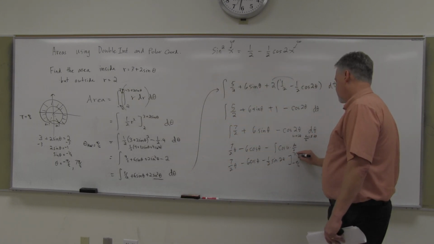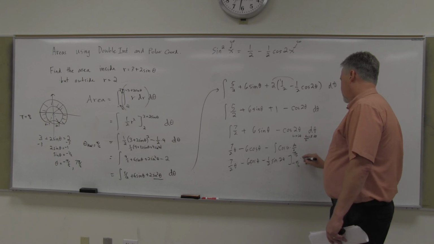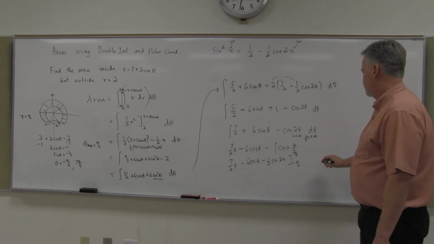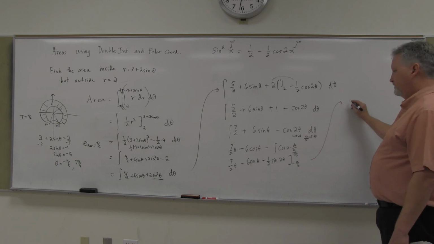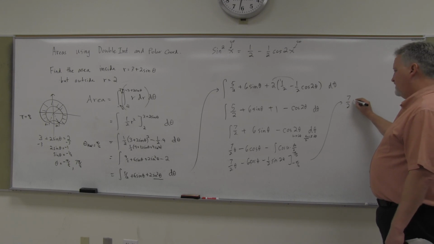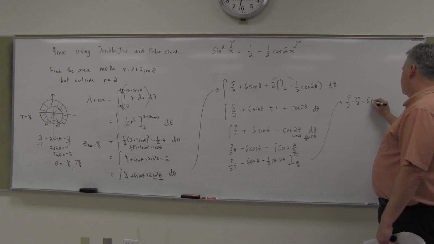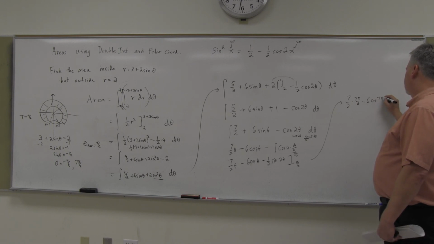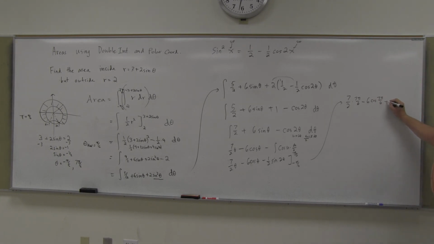So if we plug those in, 7/2 times 7 pi over 6 minus cosine 7 pi over 6, et cetera, et cetera.